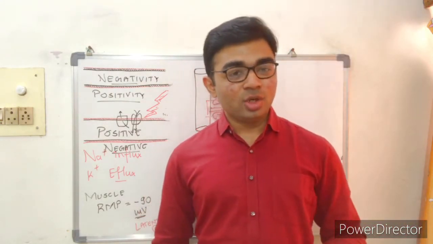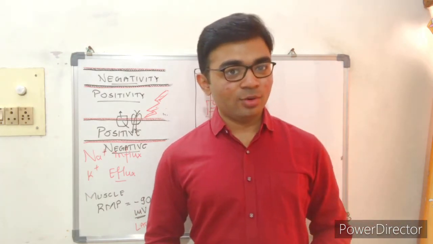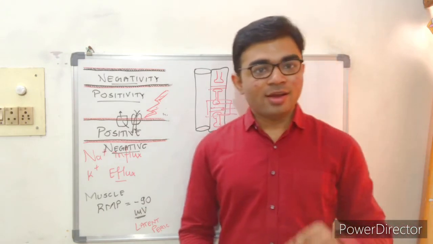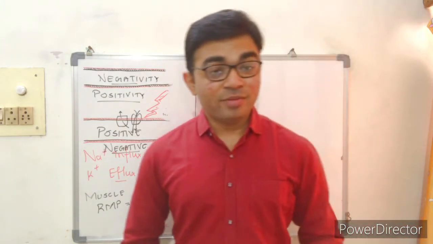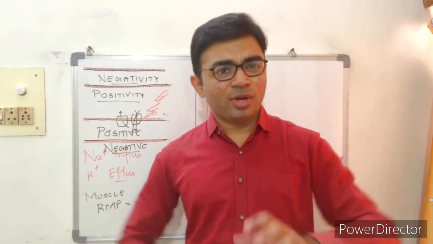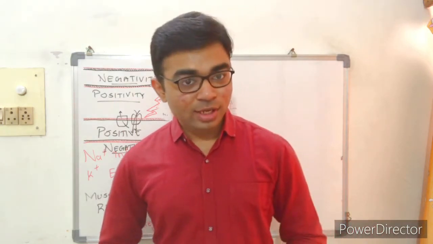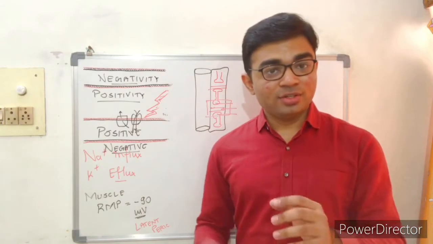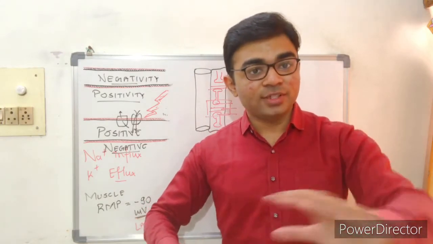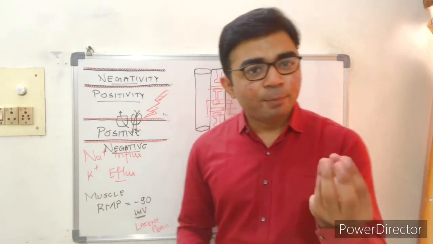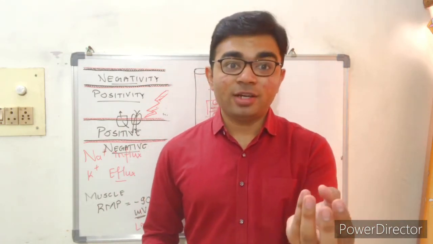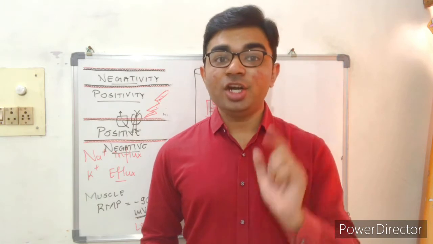When that acetylcholine strikes over the sarcolemma, it is going to stimulate the sodium ion channels there, and the action potential is spread over the whole sarcolemma. The sarcolemma has pores, and these pores are what? They are the openings of the T tubules.